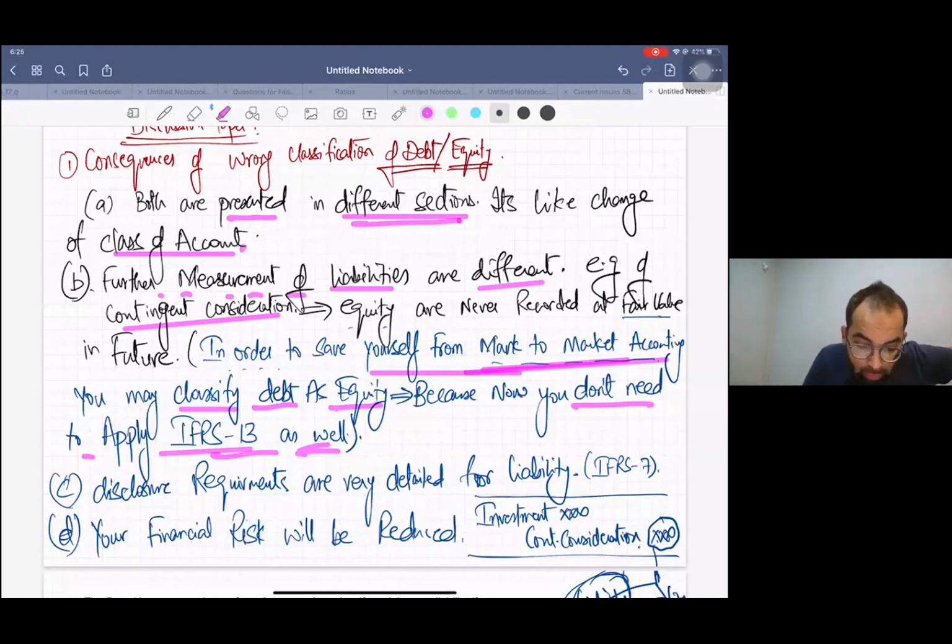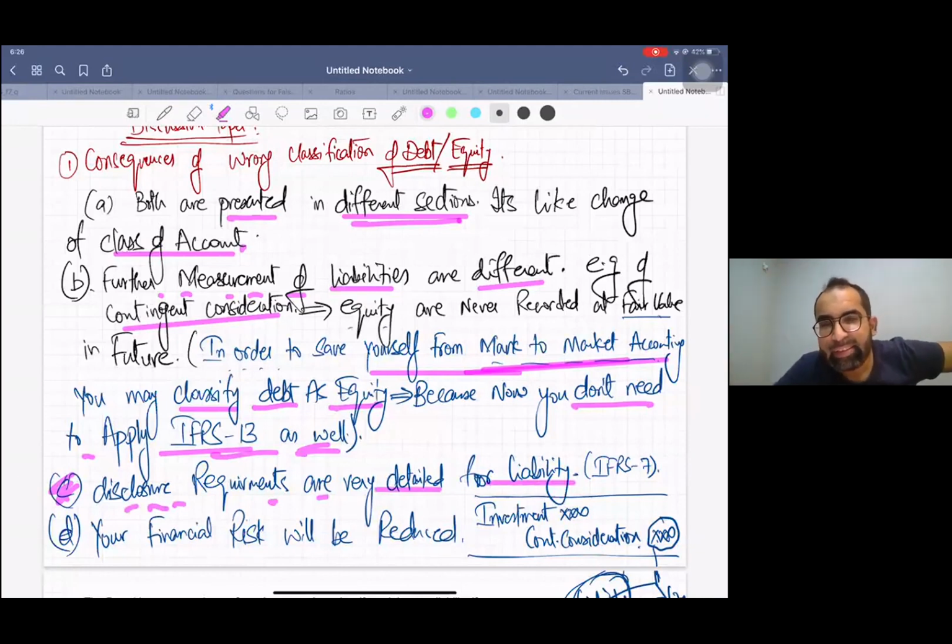Number C, we are all accountants now, and we have all studied financial instruments. Normally the standard board is very strict for liabilities. Once you classify anything as a liability, there is a detailed disclosure requirement. So disclosure requirements are very detailed for liability.